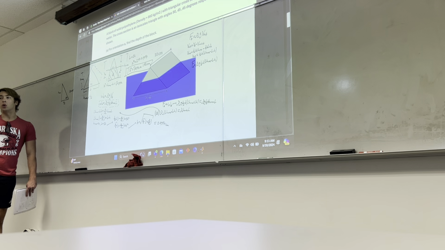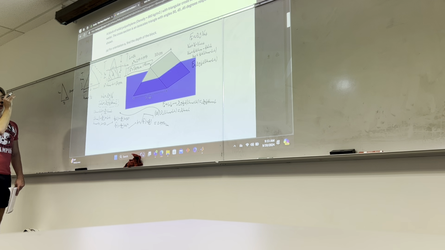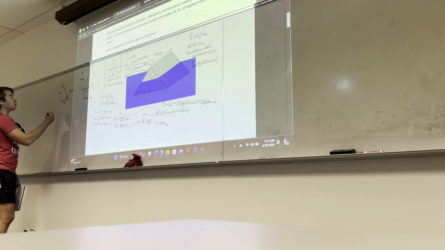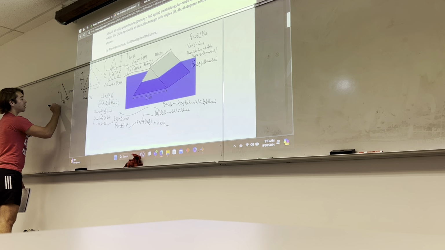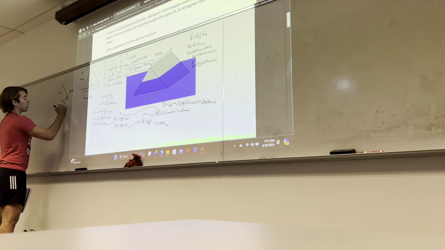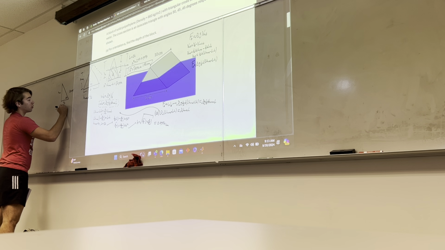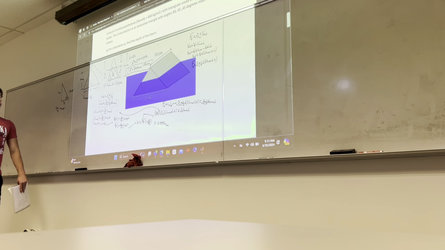So we know, SOHCAHTOA rules from high school. Tangent is opposite over adjacent. So opposite H max over L over 2 equals tangent theta, which is 45. And tangent of 45 is just 1, because it's root 2 over 2 over root 2 over 2, unit circle stuff.